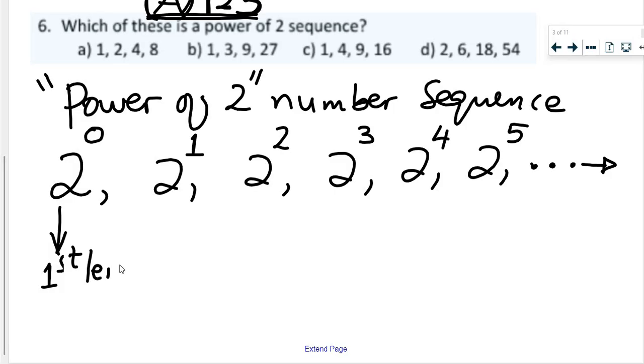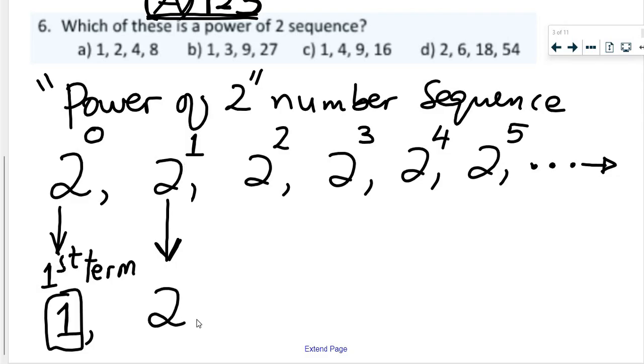Now, the first term in powers of 2 is 2 power 0. Any number to the power of 0 equals 1. So the first term here is 1. 2 power 1: any number to the power of 1 equals that number, so 2 power 1 is 2. 2 power 2 is the same as 2 into 2, and this gives you 4.